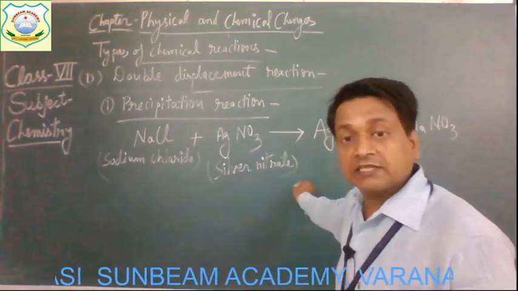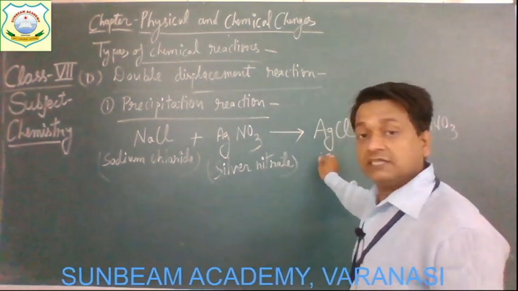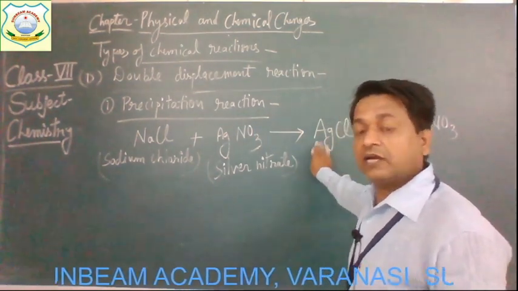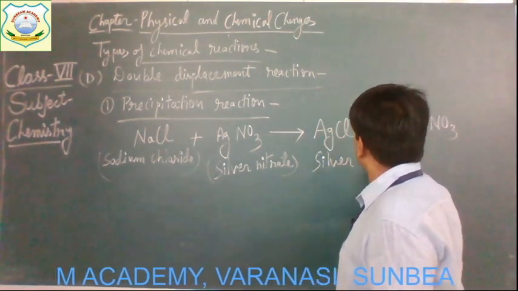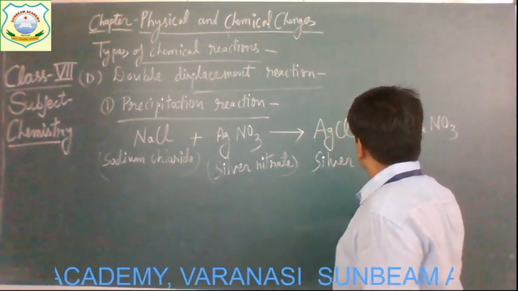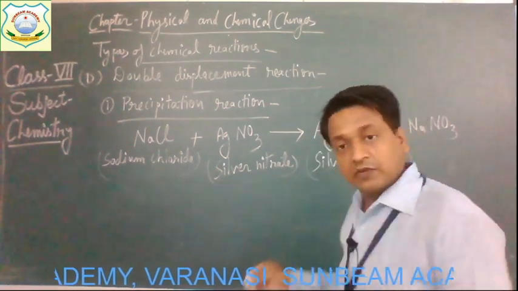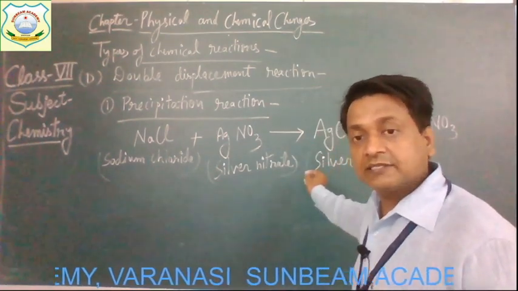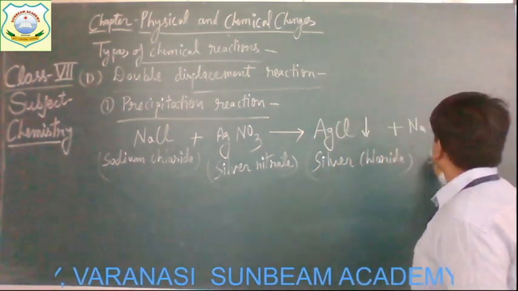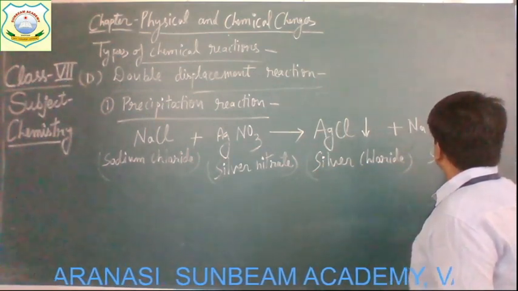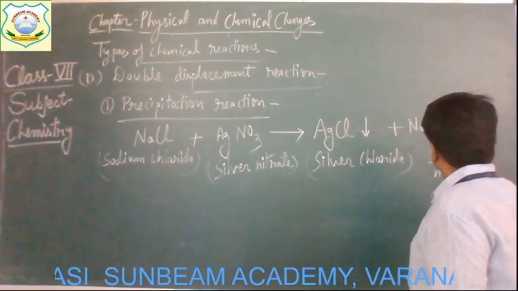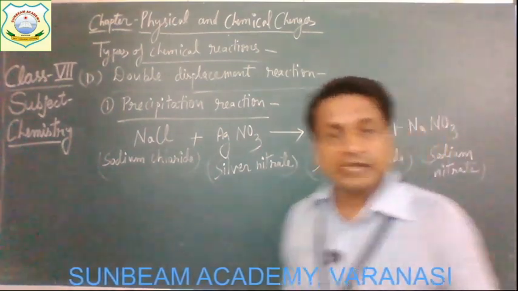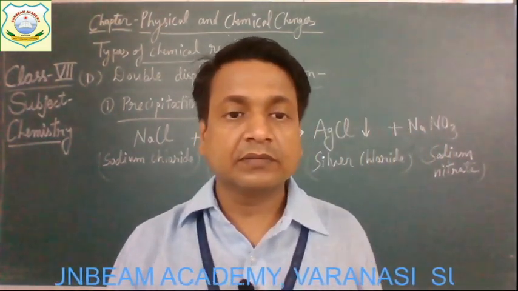And the products are AgCl, this is silver chloride, and the second product is sodium nitrate. Get it, children? The first example, is it?